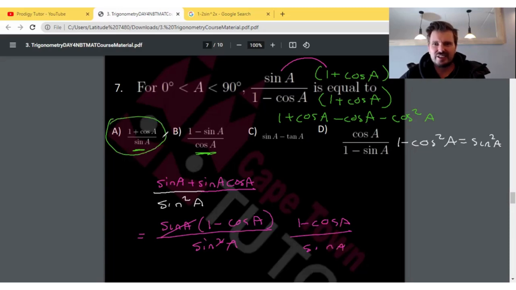Okay, but once I did this, I could have actually just written this. You see, I didn't even need to times it out. I could have just written this as sine A and just multiplied by 1 plus cos A. And then the sine A's cancel anyway, and I get the 1 minus cos A over sine A. So at this point where I turned this into sine squared A, I could have just canceled straight away.